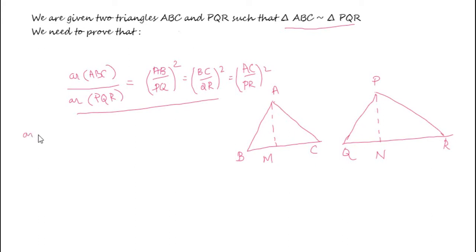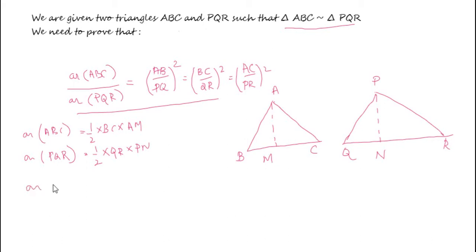Now area of the triangle ABC is equal to half into base BC into height AM. Area of triangle PQR is half into base QR into height PN.